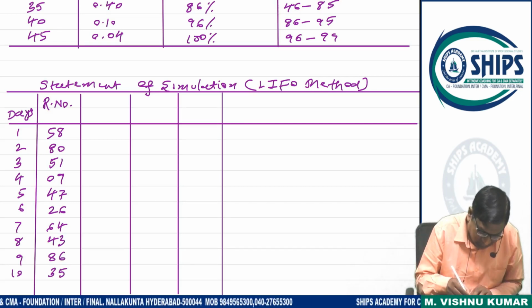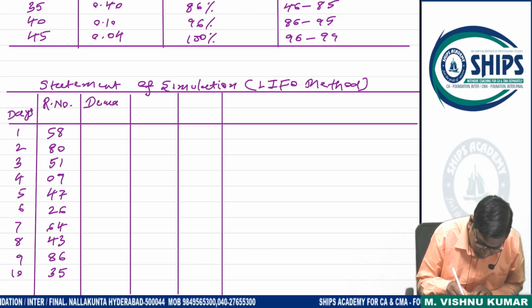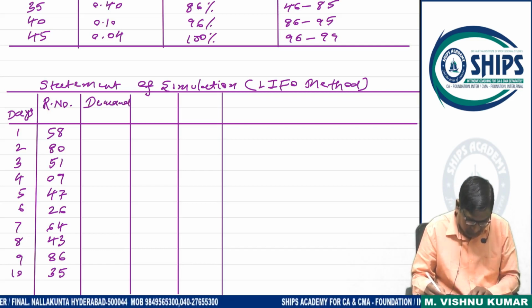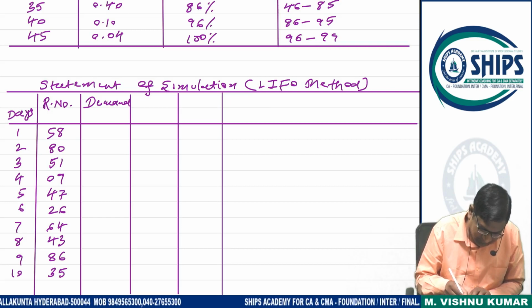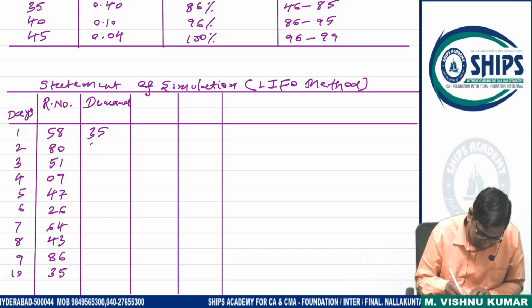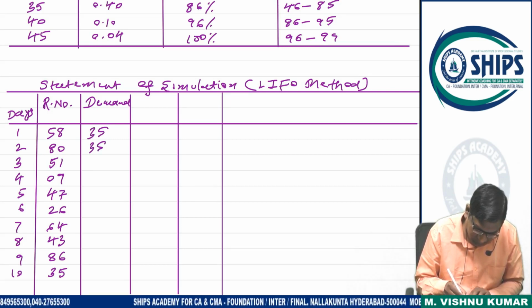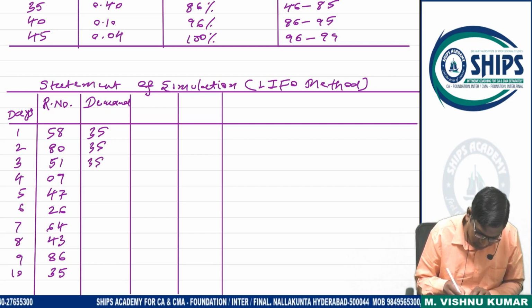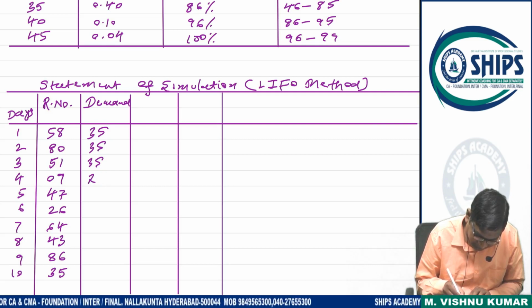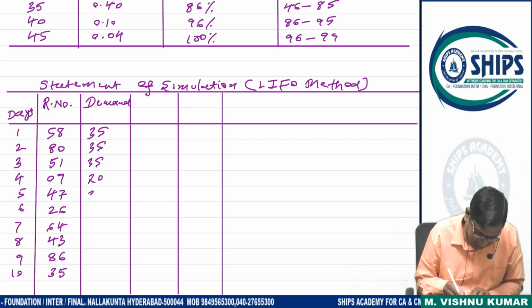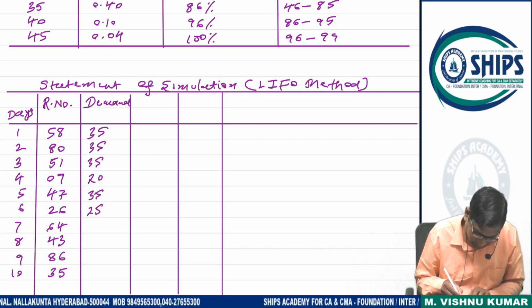Okay. Next is demand. First 58 random number, demand 35. Next. Next. Next, also 35. 25. Next. Next. Next.